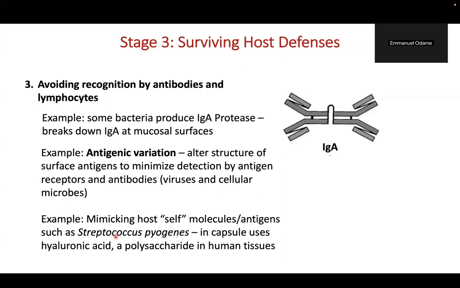Some of them will mimic the protein MHC1 that they present on the surface, and then it looks like self cells. Basically, they are not self cells. So one way they can do that is to use hyaluronic acid, which is a polysaccharide present in human tissue, and they just present it as a self antigen.